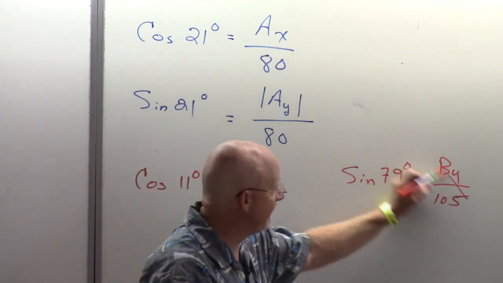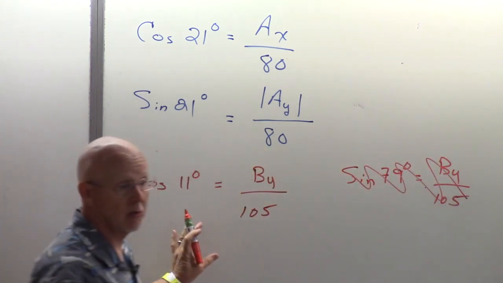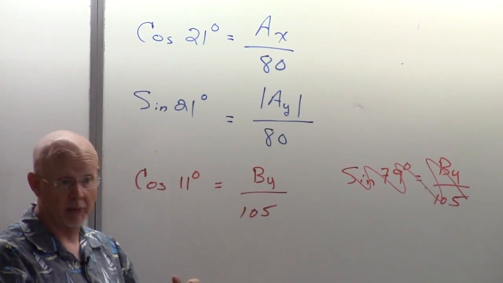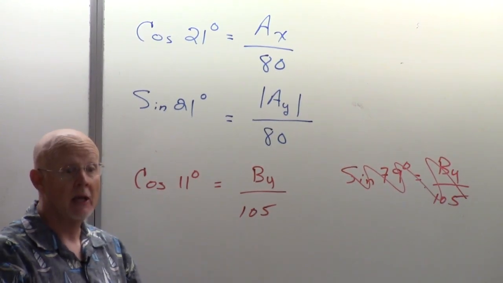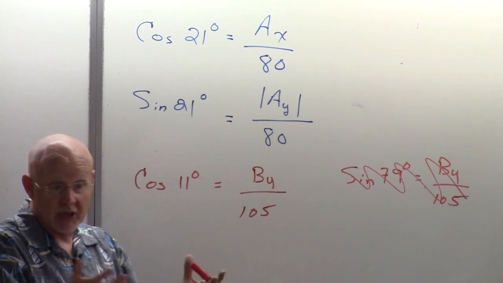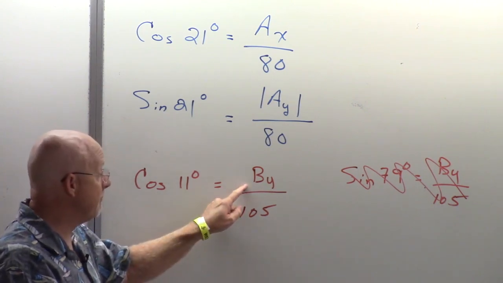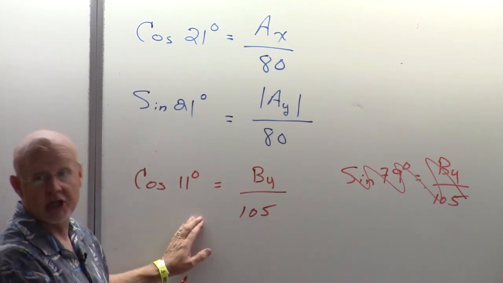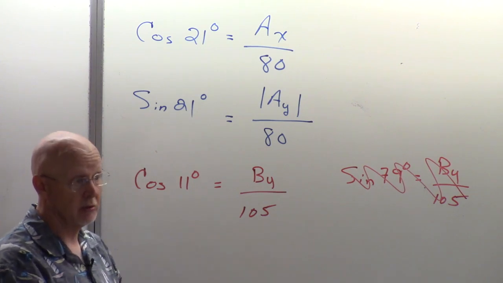Kind of your choice. And maybe I'm giving you too many choices, which can make things worse. But I personally, for this problem, like this one because they give me the 11, so I'm going to focus my attention on the 11. And I can see right away that it's the y component that is adjacent. Adjacent goes with the cosine function.